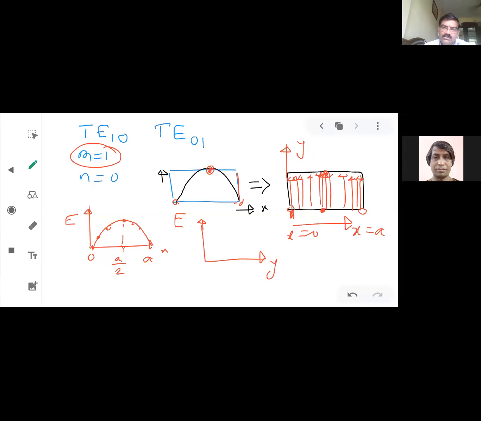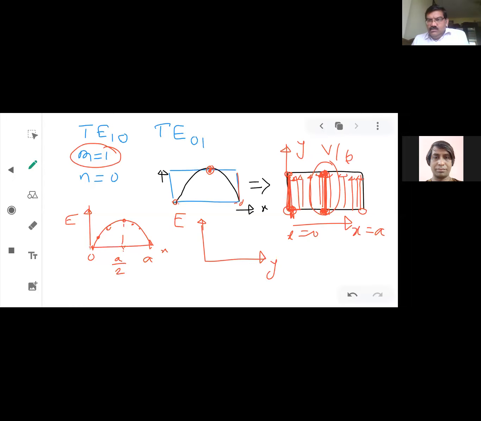Wherever you go from bottom plate to the top plate, the field strength is going to remain the same. The field is not going to change. The same field is here and here. Like here at the edge, the field is 0, whether you're at the bottom plate or at the top plate. Similarly at the mid also, the field intensity at this point is going to be the same. That depends on what the voltage is and what the separation distance is, that is b.